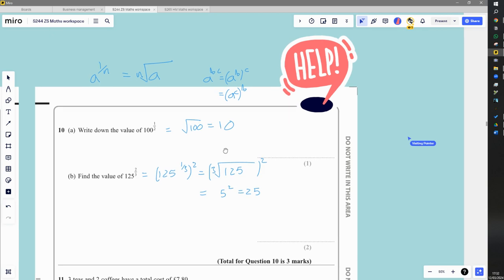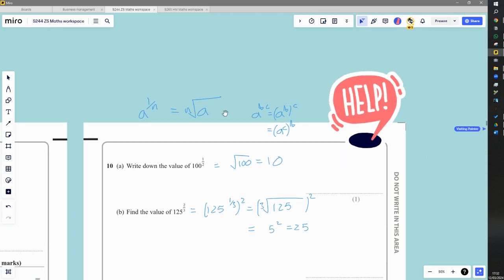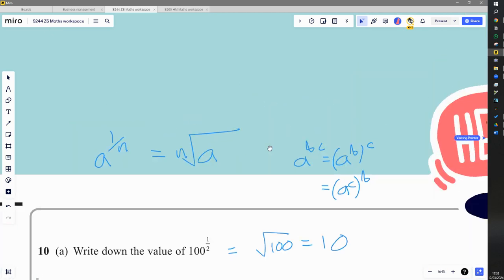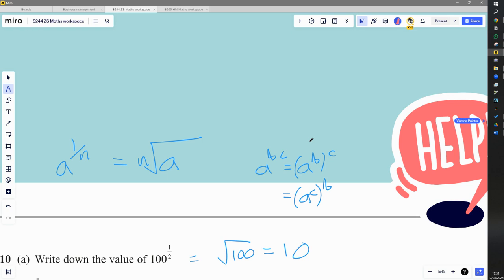But now let's try to understand both of these rules. And let's do this one on the right first because it's easier. Why is it that when I multiply the powers, I end up getting this situation? Well, let's take an example: I'll keep a as just a, and we'll say it's a squared all cubed.